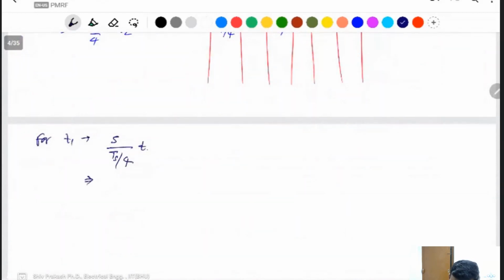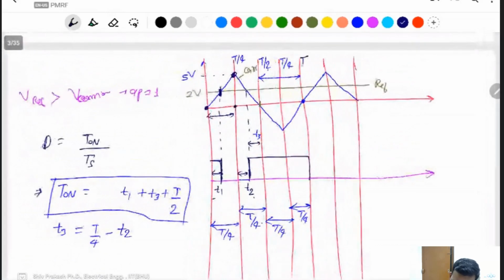Then what is T1? At T equal to T1, V reference equals V carrier, which is equal to 2. At that time, this is the carrier waveform, so it is 5T divided by Ts by 4, this line equation.